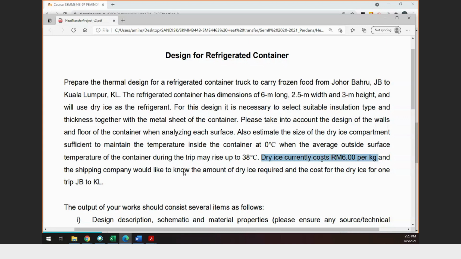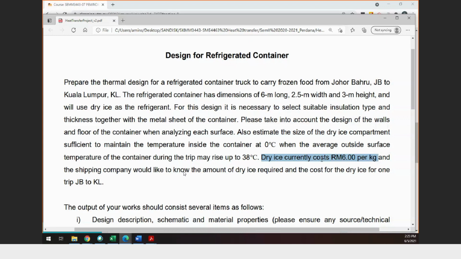So the aim is to use less dry ice, but still subject to your design. You may put a very thick container, but practically that is not logical, and for that reason the amount of frozen food that you can carry will become less. So it depends on how you propose your design.